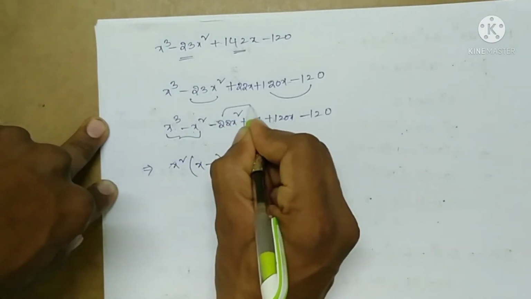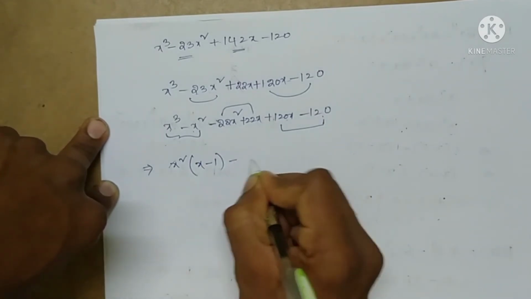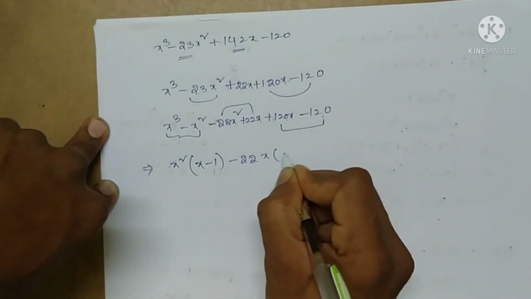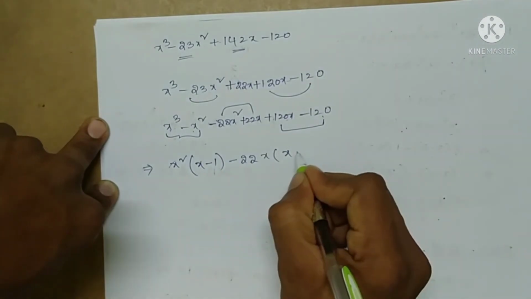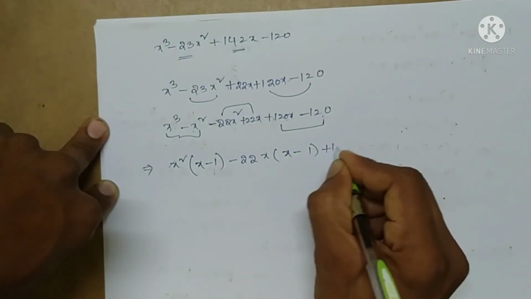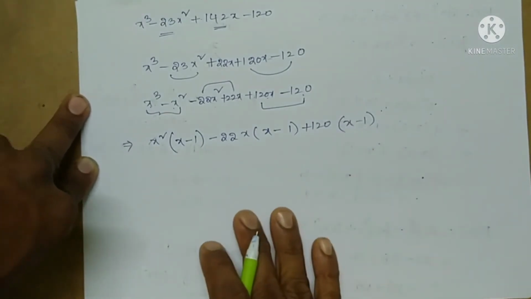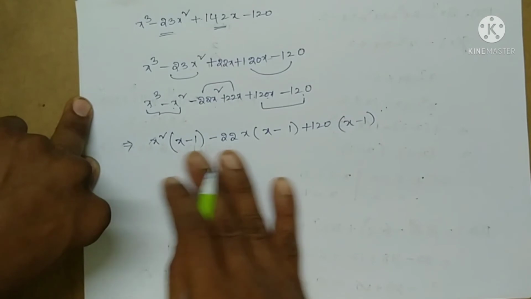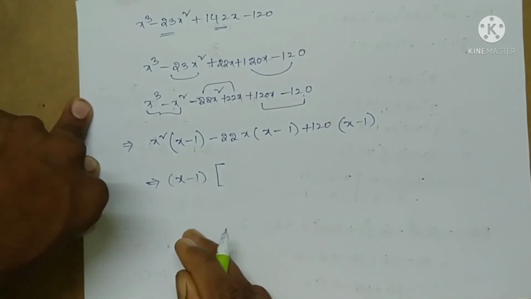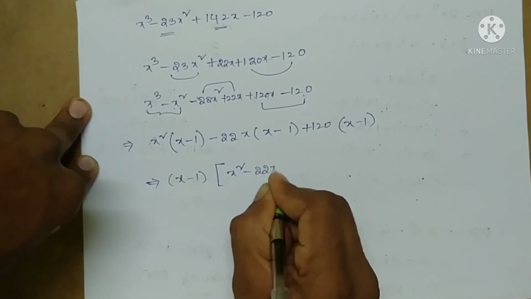Here 22 is common, here 120 is the common term, so minus 22x, and the remaining terms are x minus 1. So here 120 is the common term, so plus 120, x minus 1. So in the entire expression x minus 1 is common, and the remaining is x square minus 22x plus 120.